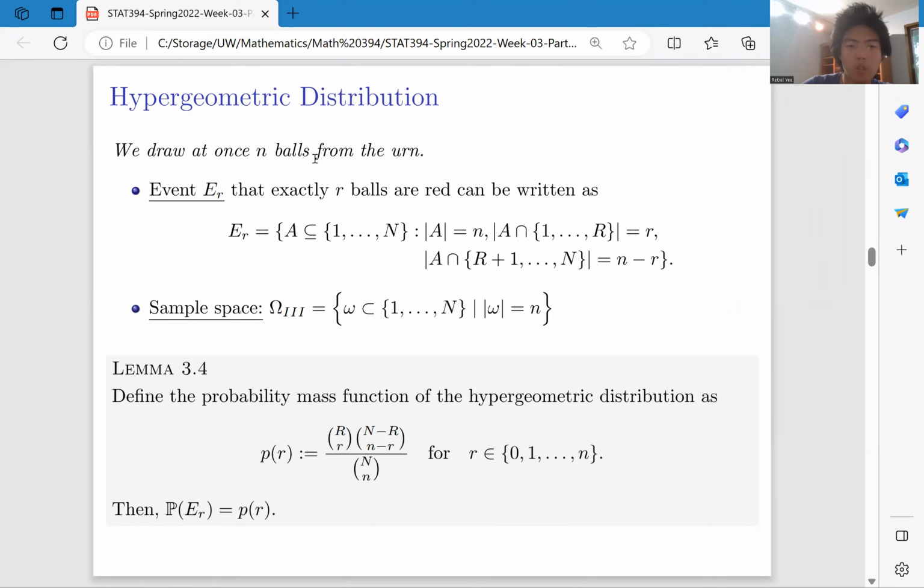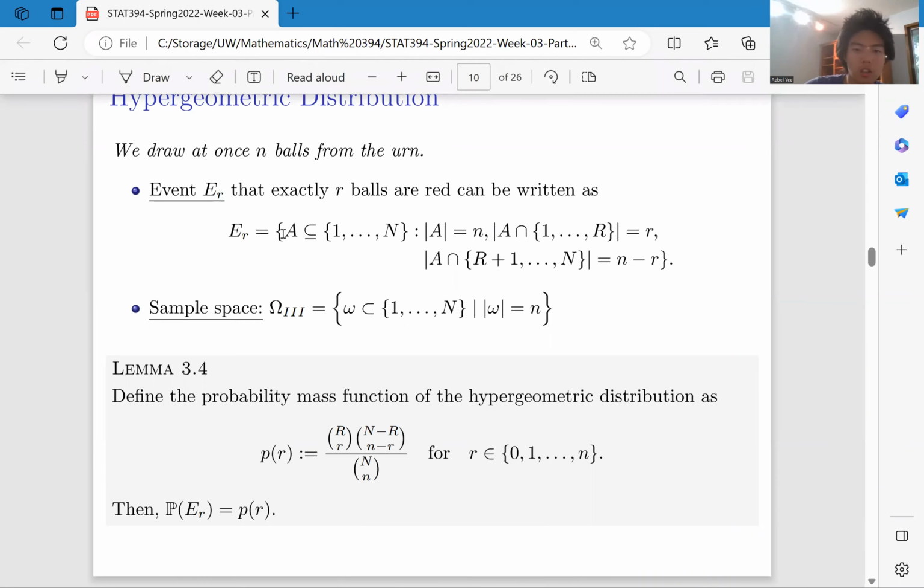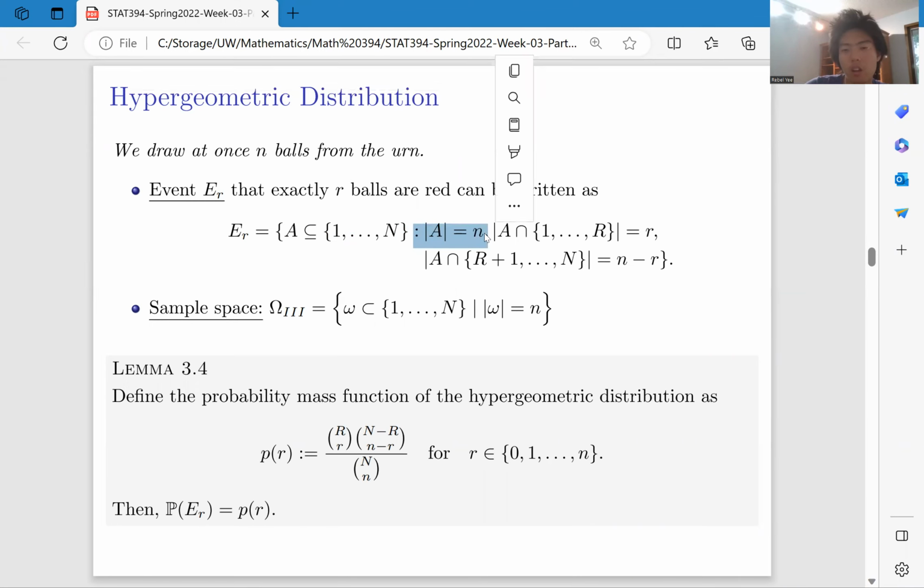We draw at once n balls from the urn. The event E_r, that exactly r balls are red can be drawn, means exactly r of the n balls drawn are red. Obviously, the event is a subset of 1 to N. But remember, we draw n times, so the cardinality of A is n.